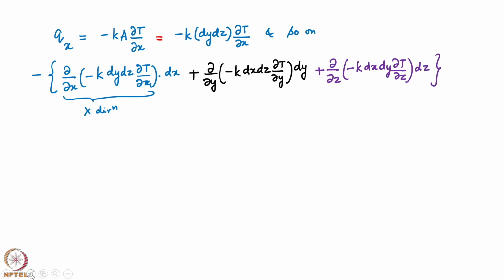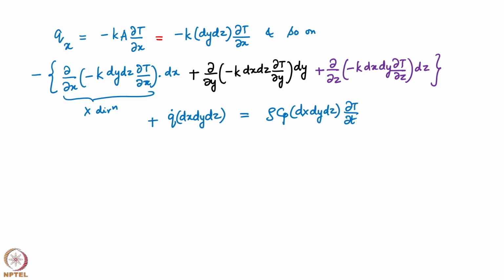The other terms involved here are plus q dot dx dy dz, equal to rho Cp dx dy dz into dt by dt.